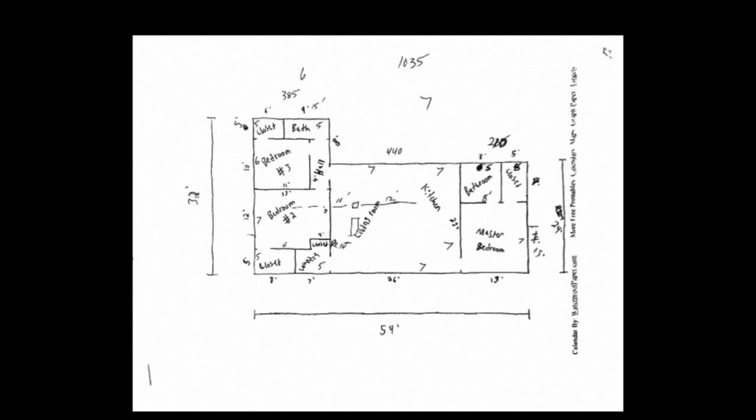Now, where you see the 440 at the very top, and over there at the top left the 385, you see all that CFM, 1,035 at the very top of the page. Where you see the 7s, that's the size of the vents, the duct boots and vents we're going to put in.